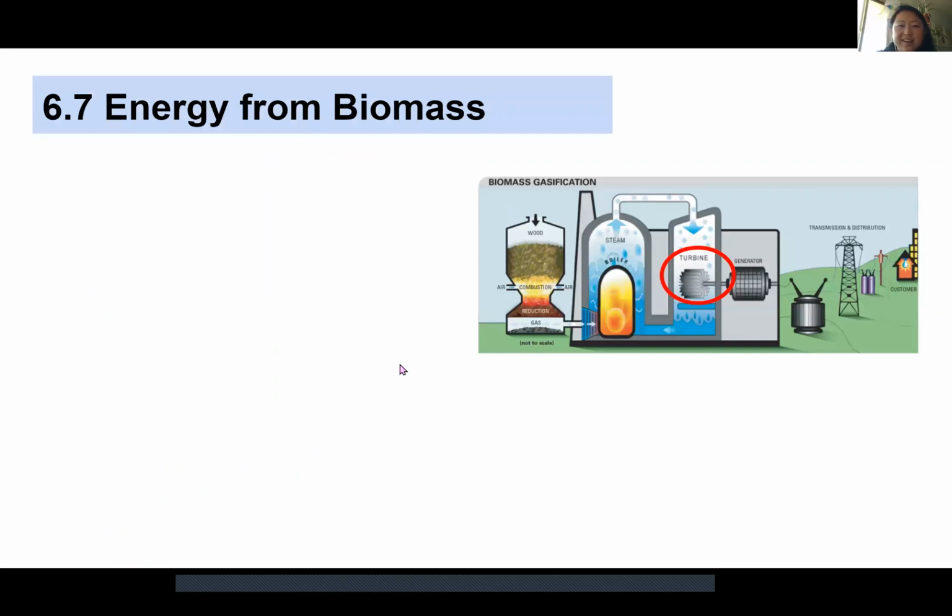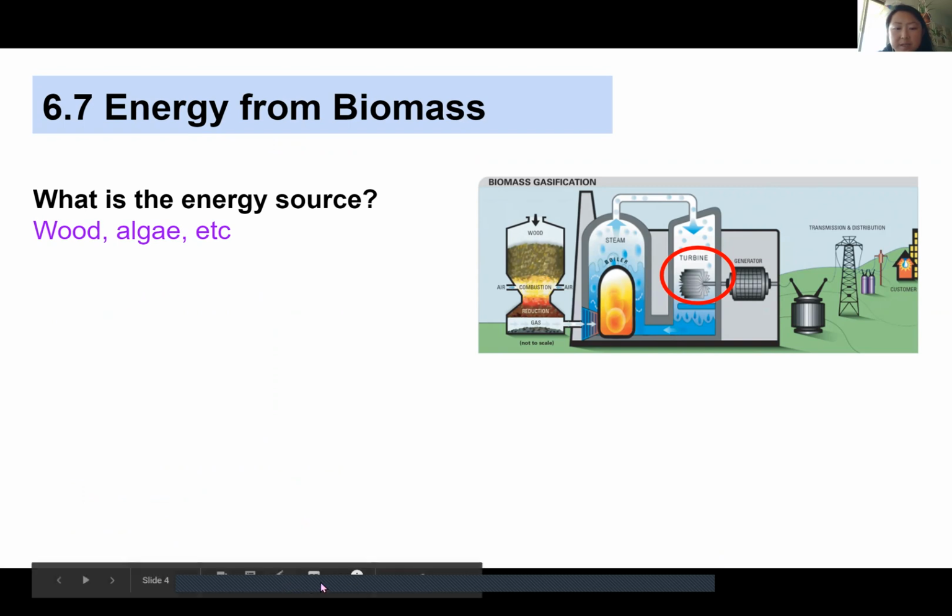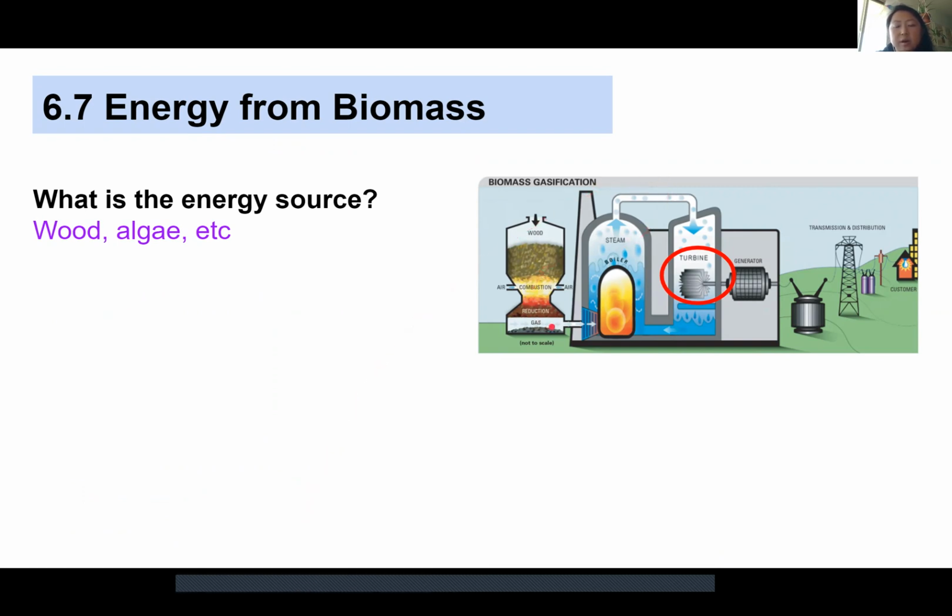All right, so we'll run through these quickly. The first one I want to focus on is energy from biomass. Biomass is literally as it sounds. It is like wood or algae or whatever that can go through this combustion that's happening here. And just a quick overview of how all of this energy from combustion gets turned into energy.